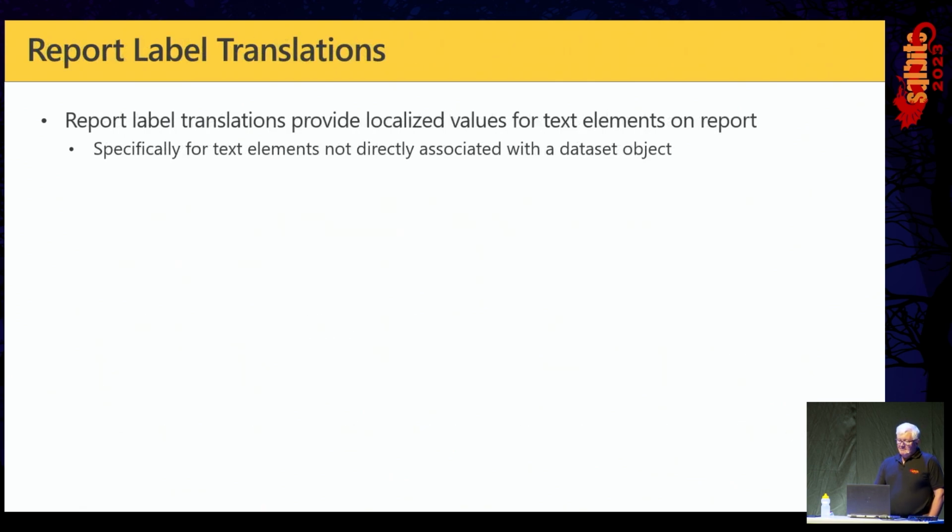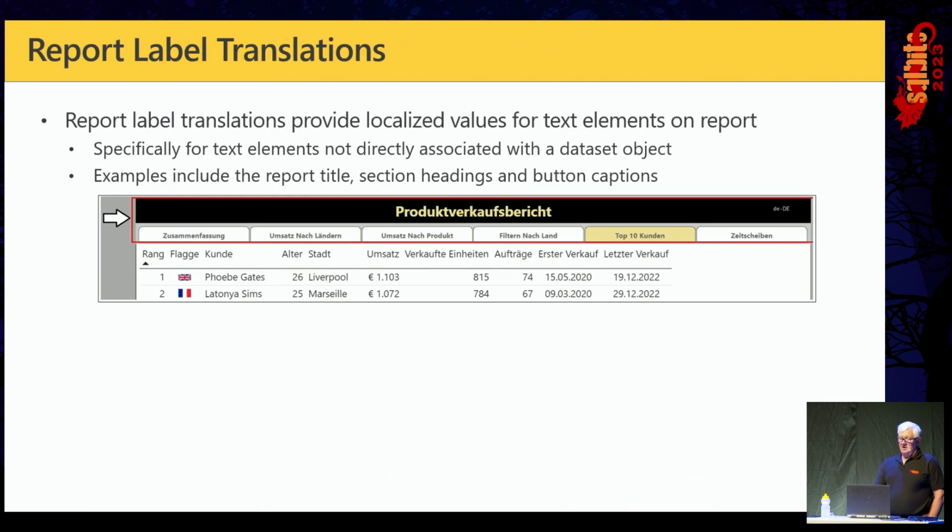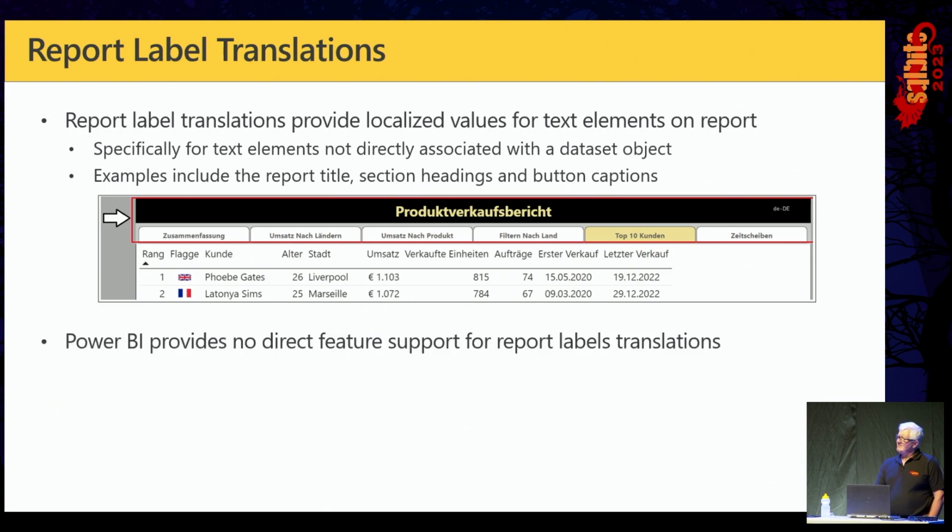There's report label translations. So think of the button captions and the report title that you have up top of each page. Those are things where there's no built-in support, so you have to come up with some type of innovative way. My guidance has one of these innovative ways. Certainly, there's not one solution.